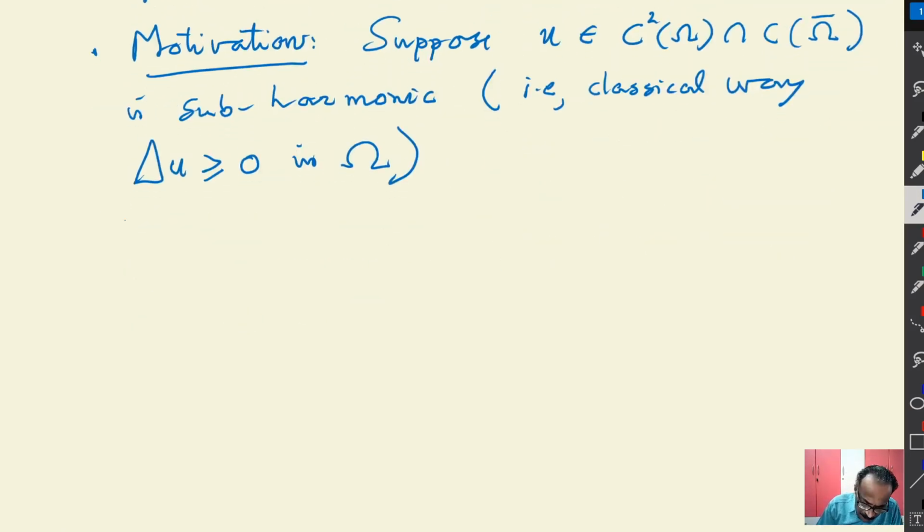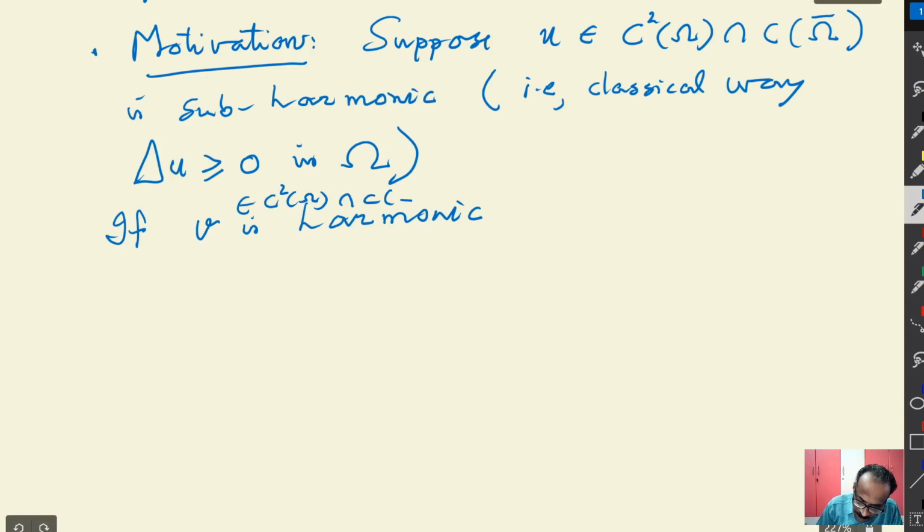Now suppose v is harmonic in omega, and v also belongs to the same space, C^2 of omega intersection C of omega bar, harmonic in omega, and u less than or equal to v on the boundary.